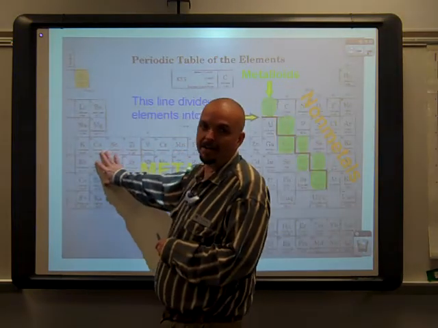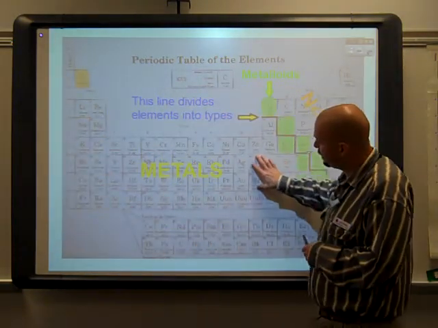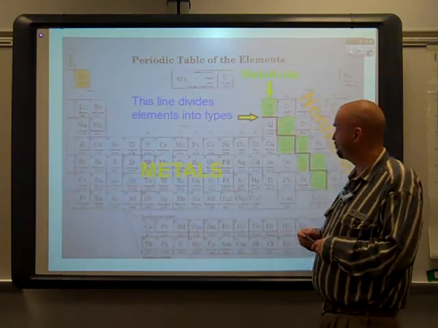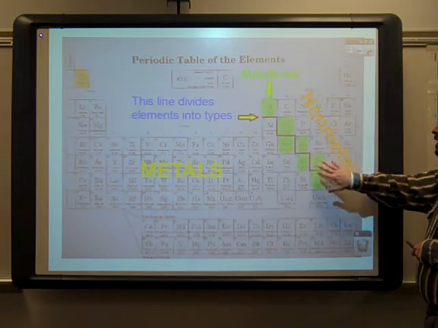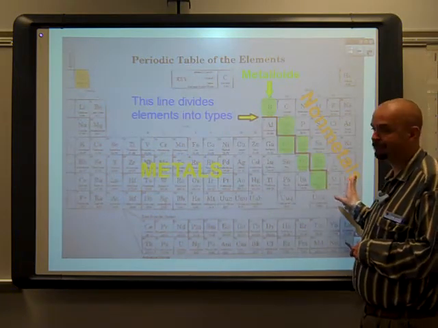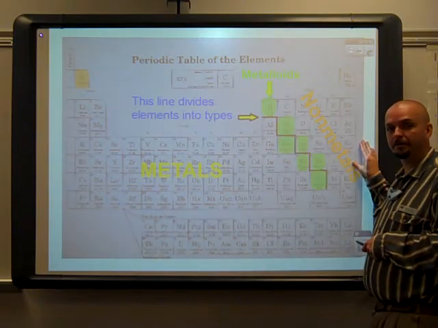Everything on the left side of the table, with the exception of hydrogen, everything over here is a metal. Everything on the right side of the metalloids is a nonmetal. Metals on the left, nonmetals on the right.